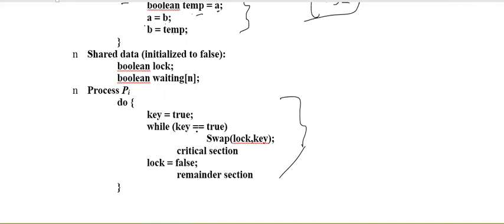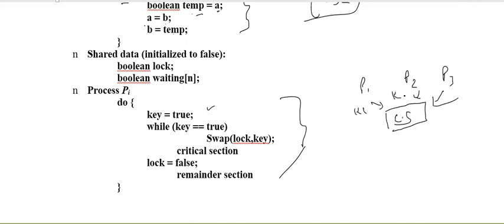Once again, every process has its own key, and whenever any process wants to enter into the critical section, suppose there are three processes, P1, P2, P3, and these processes are sharing this critical section. So each process has key 1, key 2 and key 3. Every process has its own key. Lock remains the same, but the key is different for each and every process.